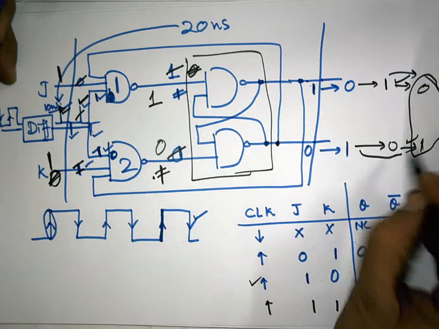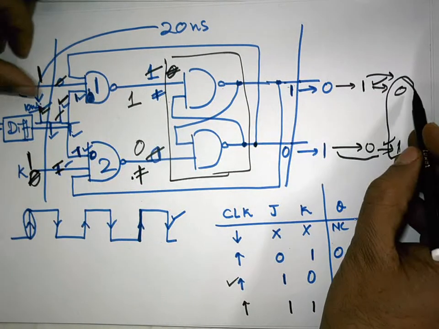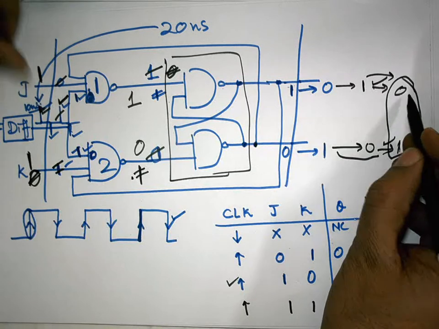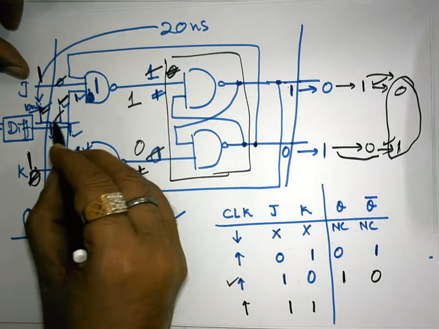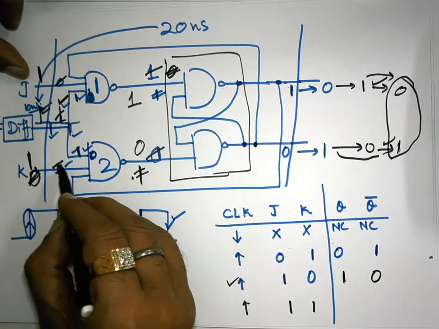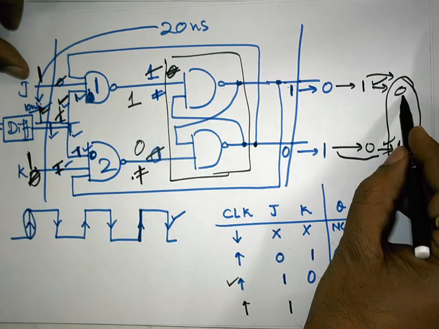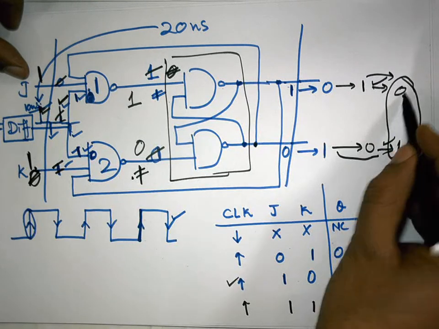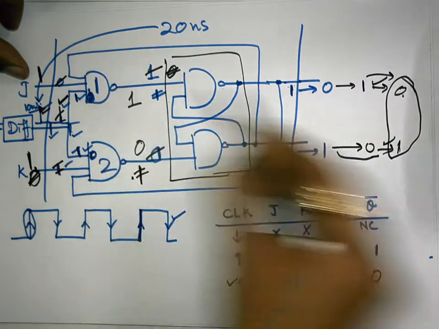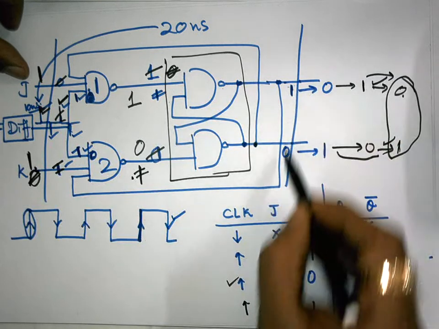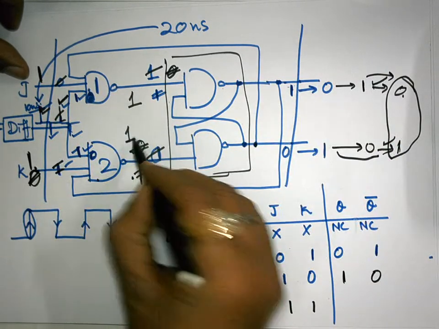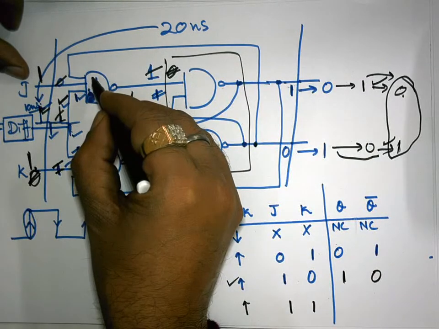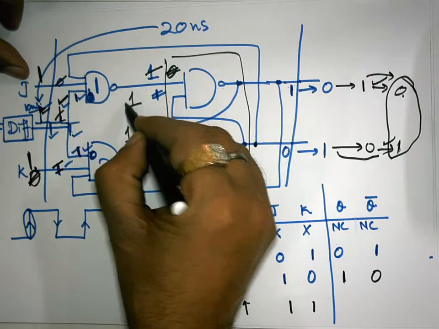You see what will happen on the next rising edge. J is still 1 and K is still 1. And the next rising edge has occurred. What will happen? This 0 is fed back, and where is this 0 going? This 0 is going over here. Okay. This is making it 1. And this 1 and these all ones are making it 0.